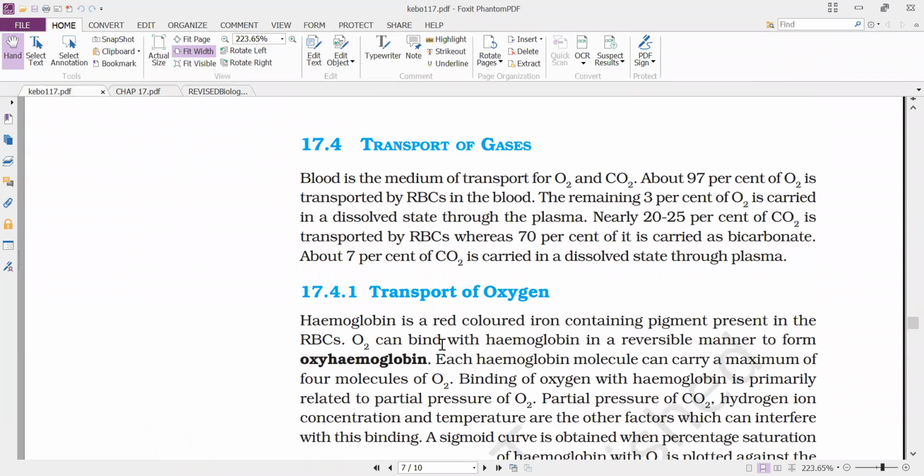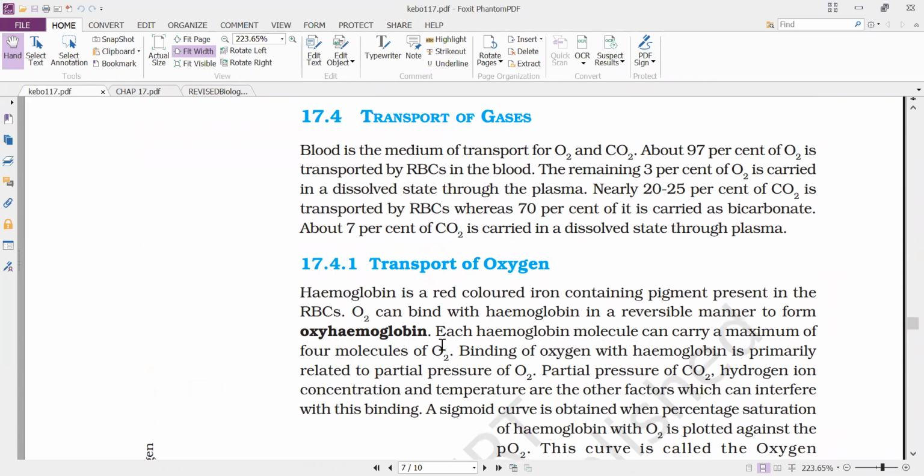When you observe the transport of gases, we have come across there are two main respiratory gases, that is oxygen and carbon dioxide. When compared with oxygen, carbon dioxide has more solubility in the blood.